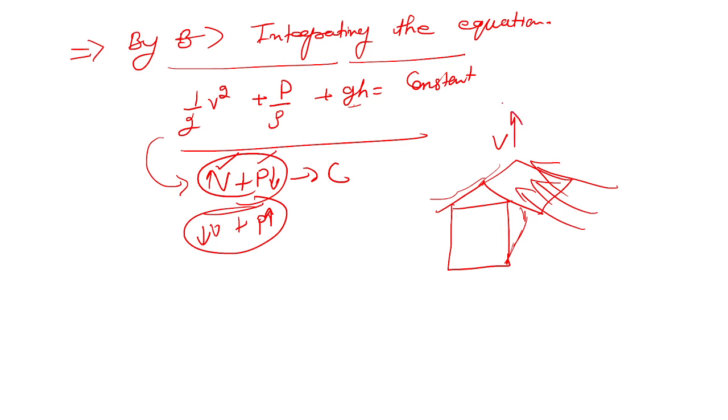According to Bernoulli's theorem, whenever velocity is very high, pressure is low. For the region connected with this, below the surface of the roof, velocity will decrease and pressure will increase. When the pressure below the roof increases, it pushes the roof upward and the roof gets detached from the house.